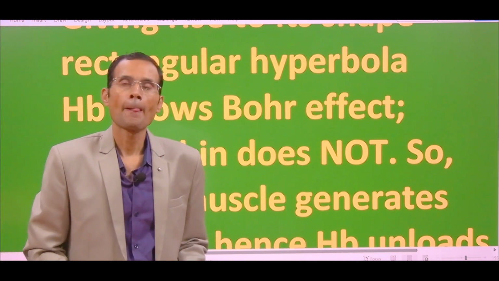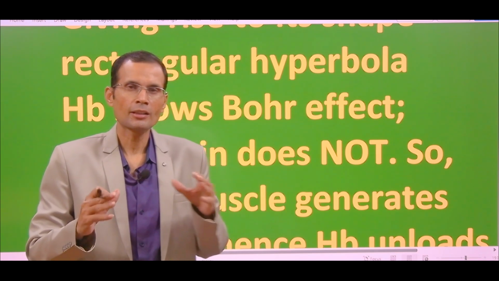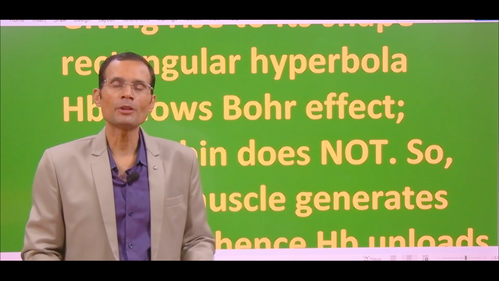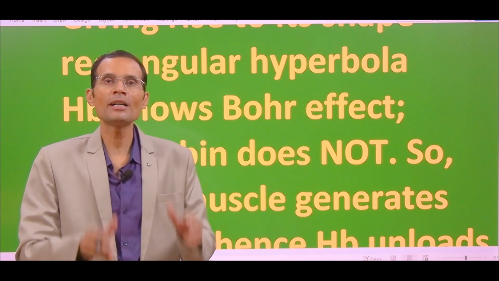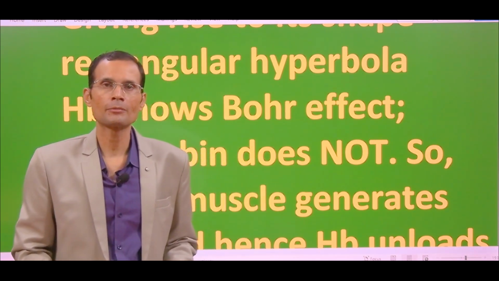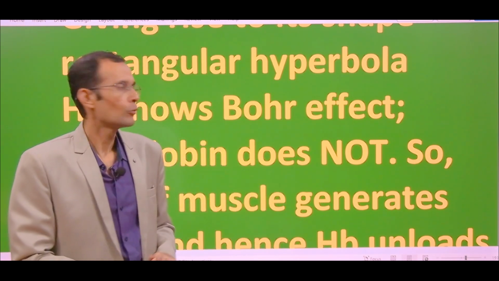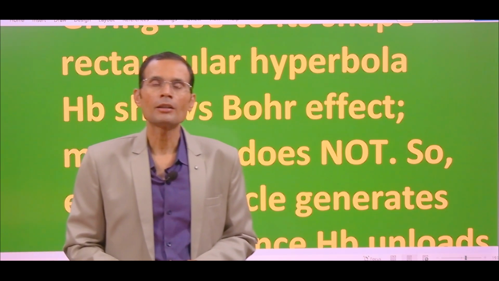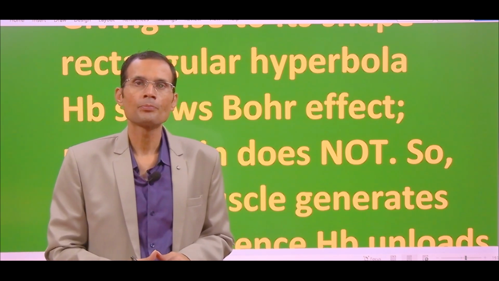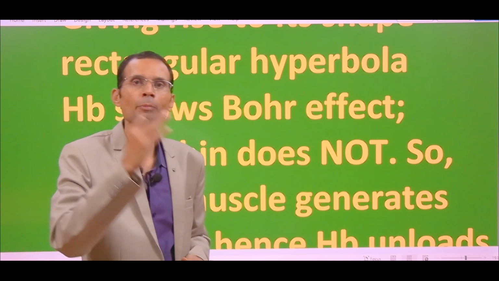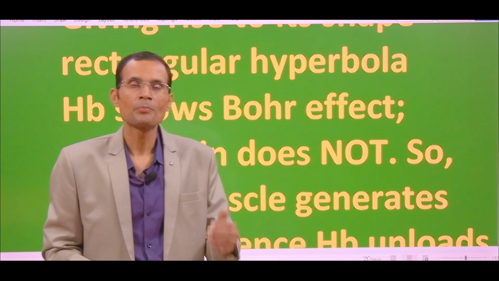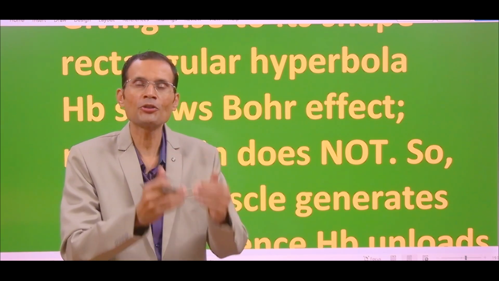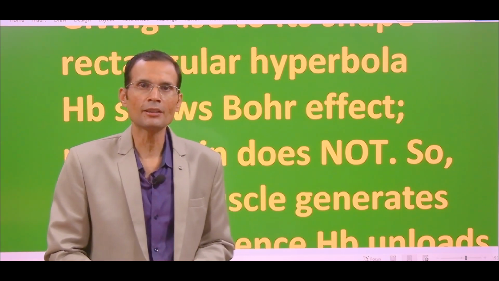One more point. What is the cardinal difference between hemoglobin and myoglobin? Hemoglobin shows Bohr's effect. Myoglobin does not show Bohr's effect. What is Bohr's effect? Increase carbon dioxide and hemoglobin readily liberates its oxygen. So the muscle cell is contracting and generating carbon dioxide.